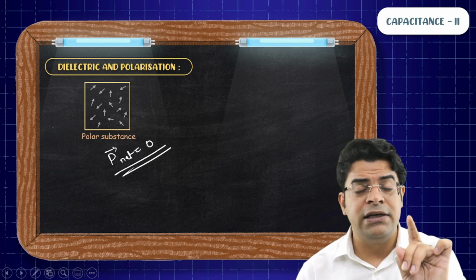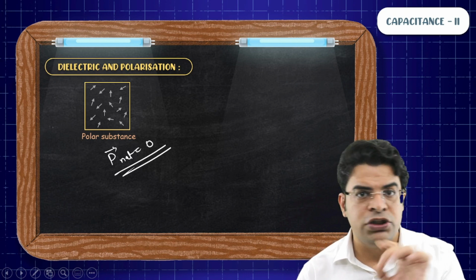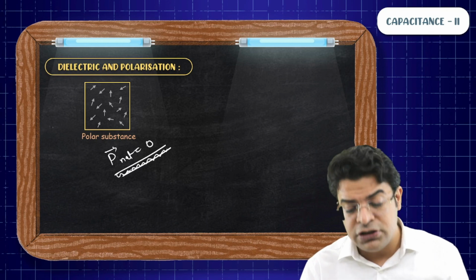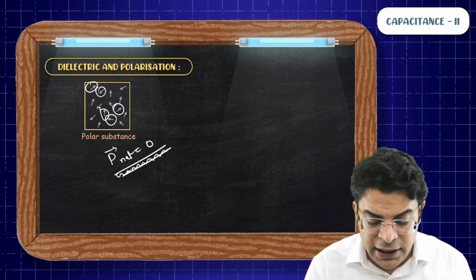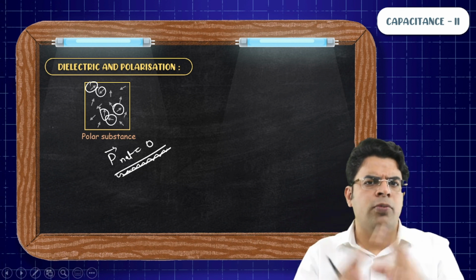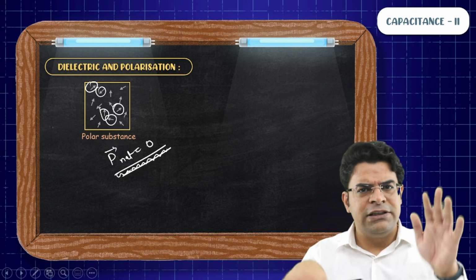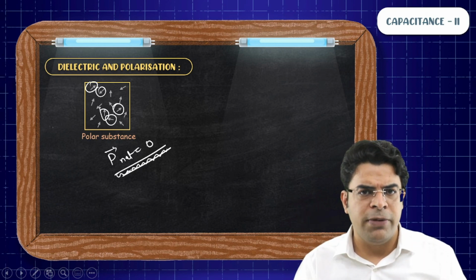I am not saying that the dipole moment of each molecule is zero. No, the net dipole moment of the crystal of polar substance is zero because all the dipole moments point in random directions, and when you find the net dipole moment, because of the law of averages, they cancel out and the net dipole moment becomes zero.